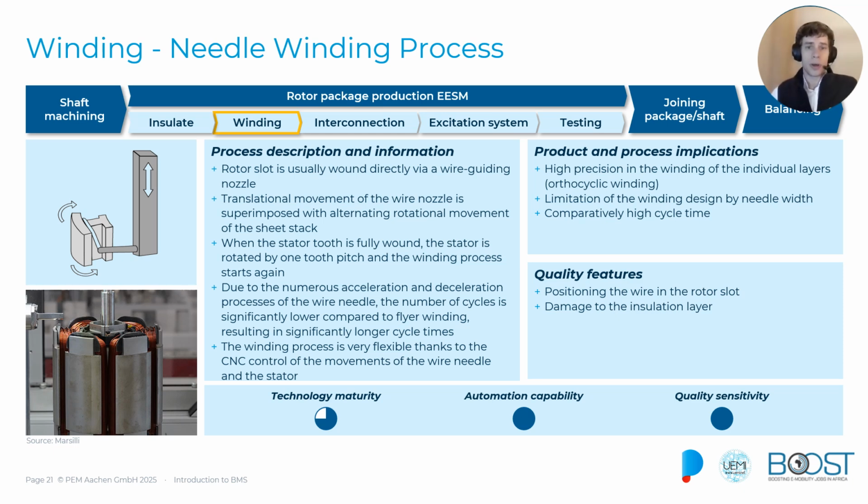This method allows for tight and accurate winding, especially in confined spaces or complex slot designs. Needle winding ensures efficient coil placement, enhancing the electromagnetic performance of externally excited rotors.